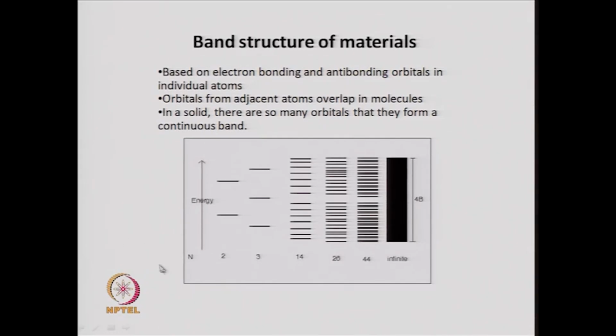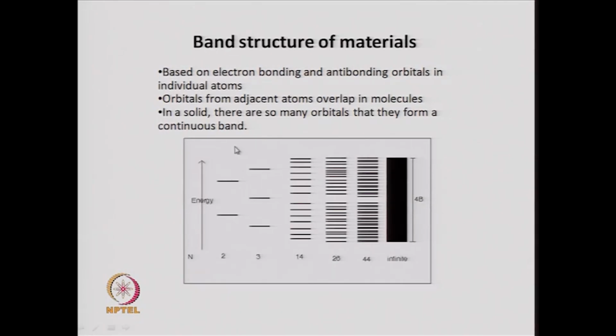If you look at it from the atomic scale, you know from simple overlap of atomic orbitals that if you have two atomic orbitals overlapping, they will result in two molecular orbitals. If three atomic orbitals are overlapping, it will give rise to three molecular orbitals, because the adjacent orbitals from nearby atoms will overlap. Now, that depends on the number of atoms.